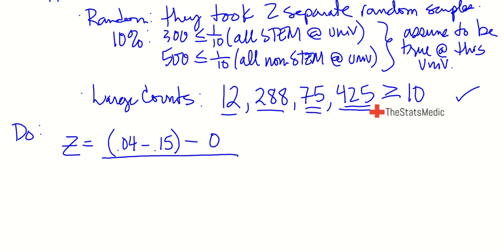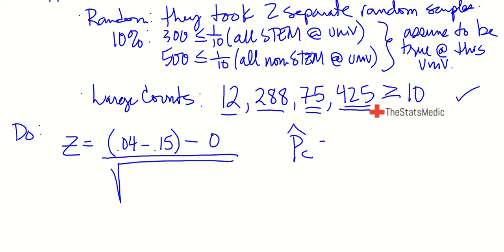And we divide that by the standard deviation of the sampling distribution for the difference in those two proportions, which is going to be what we call the combined proportion.